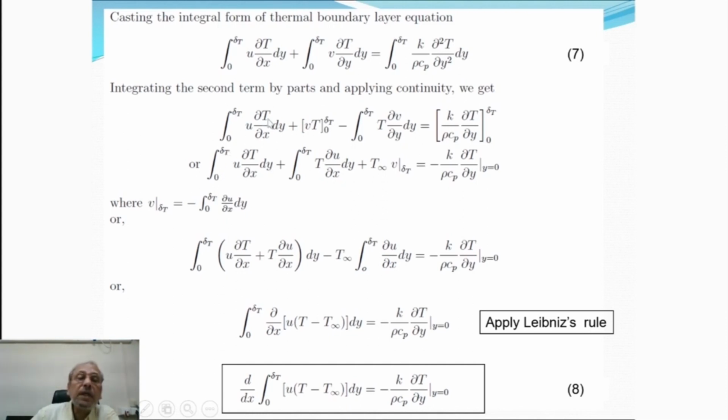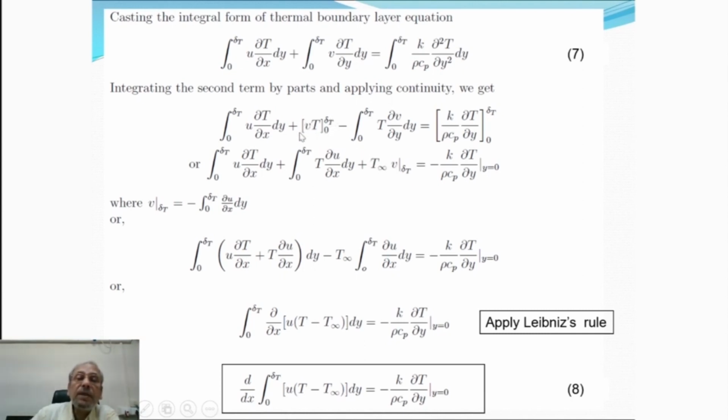So 0 to delta t u del t del x dy, we retain it. This term at the edge of the thermal boundary layer, t becomes t infinity. So this term we have written here, just having changed the location. So basically at the edge of the boundary layer t is t infinity, then v at delta t.